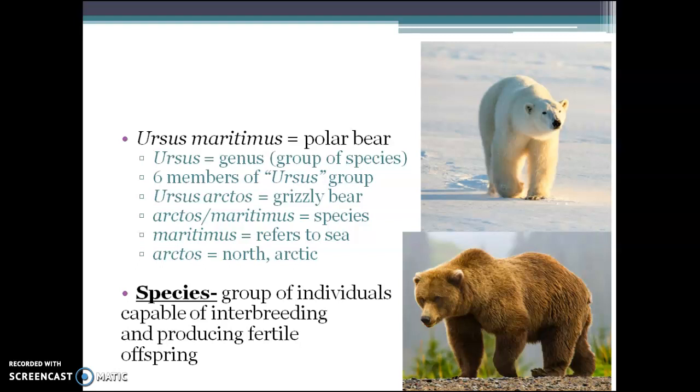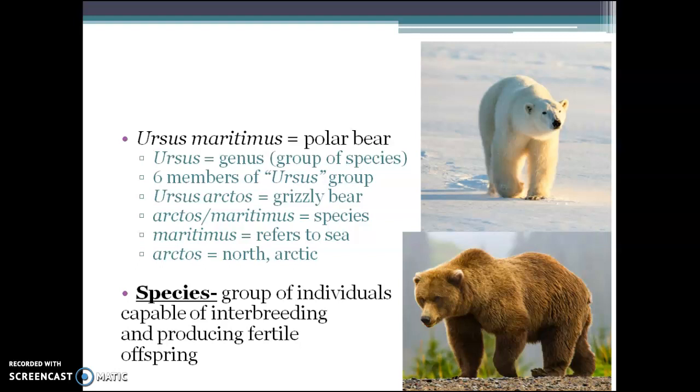There are actually 6 members of the Ursus group, or 6 bears, and the grizzly bear is called Ursus arctos. Okay, and in the case of the polar bear, Ursus maritimus, and the grizzly bear, Ursus arctos, arctos and maritimus is the species name.